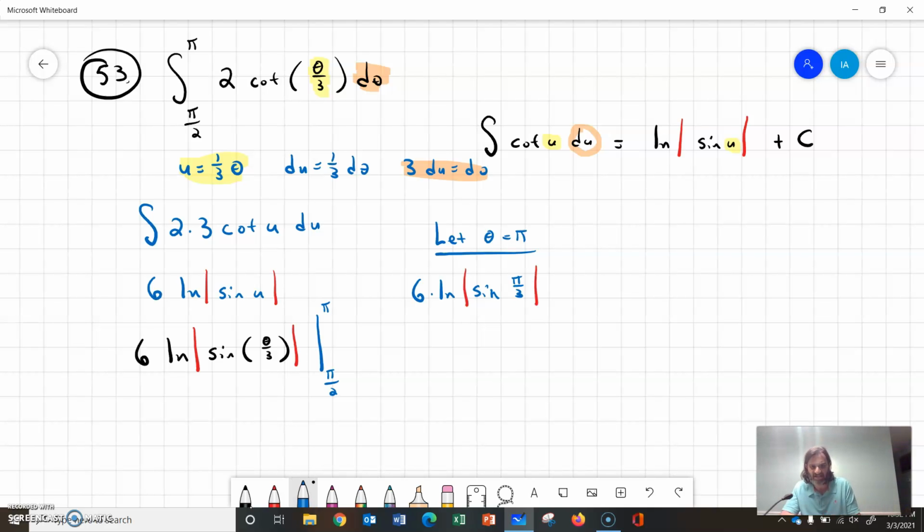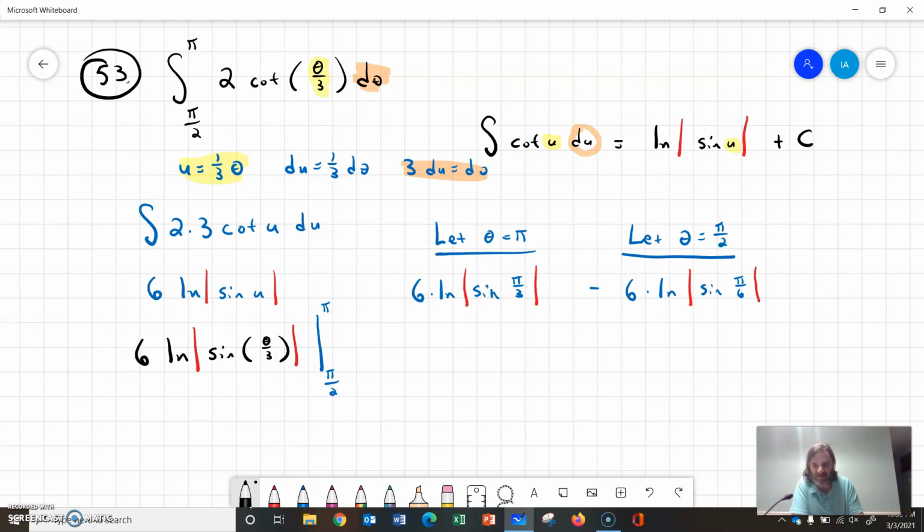But then we'll have minus, when we plug in, let theta equal pi over 2. So that'll be 6 times the natural log of the sine of pi over 6. Pi over 2 times 1/3, so it'll be pi over 6.